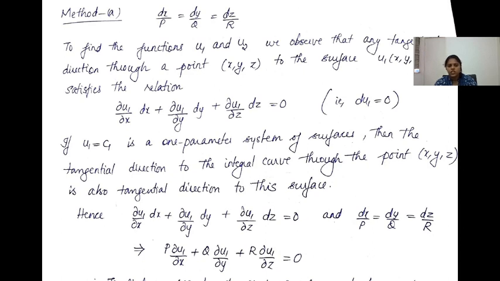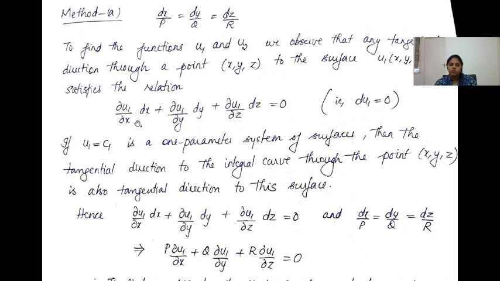You have already studied what a gradient is. Gradients, as you know, are normals to your surface. Here dx, dy, dz denotes a tangential direction. So obviously if you have the normal direction and the tangential direction to a given surface, they are orthogonal to each other.